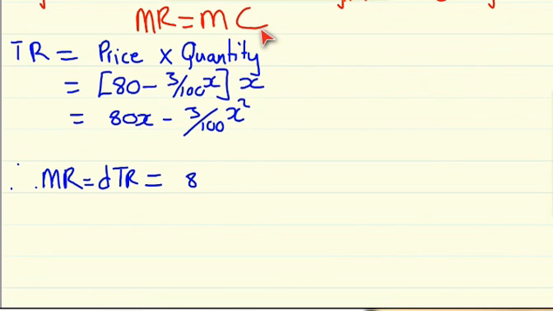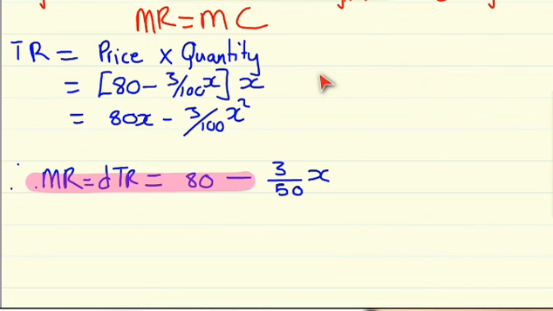I'm left with 80, because this x disappears, and here I'll be left with 3 over 50 x. This will be my marginal revenue. So I now know my marginal revenue, which is this one.